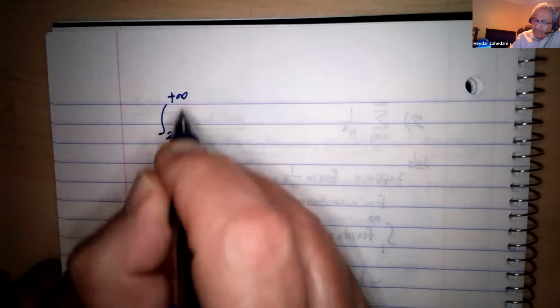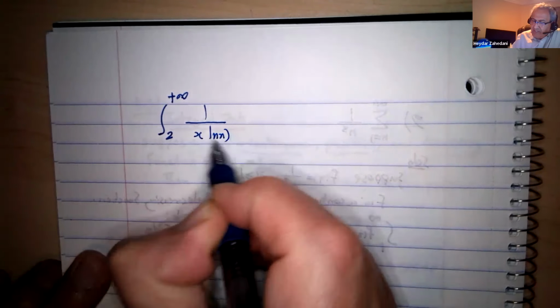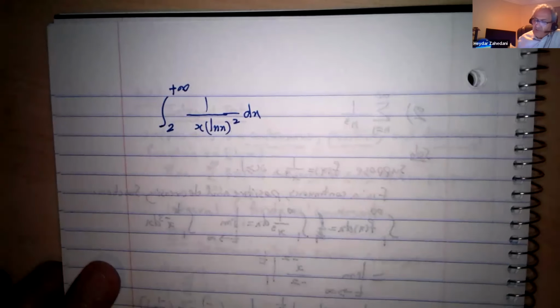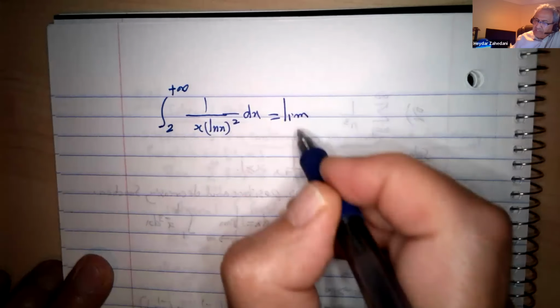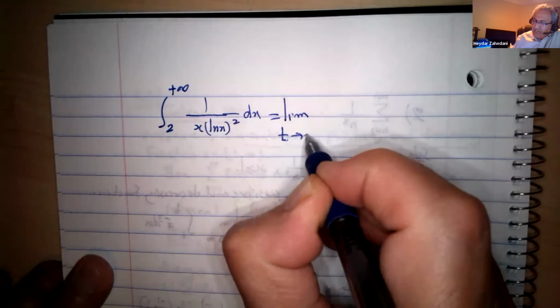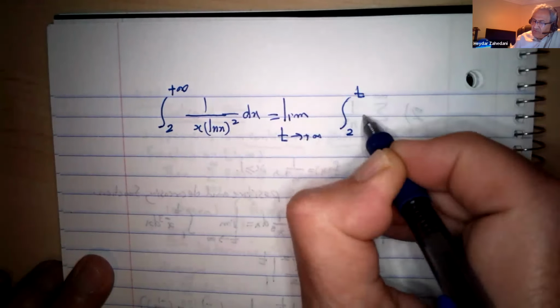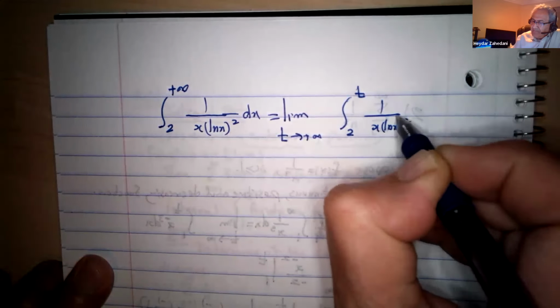So we're going to check this improper integral from 2 to infinity of 1 over x ln x, all squared, dx. You know the definition is going to be the limit, where you replace the infinity by t going to infinity, of the integral from 2 to t of 1 over x ln x all squared.